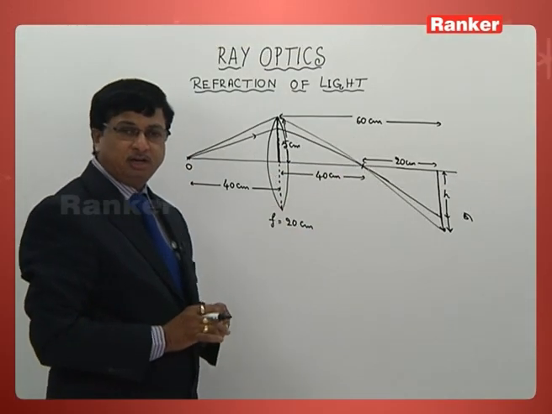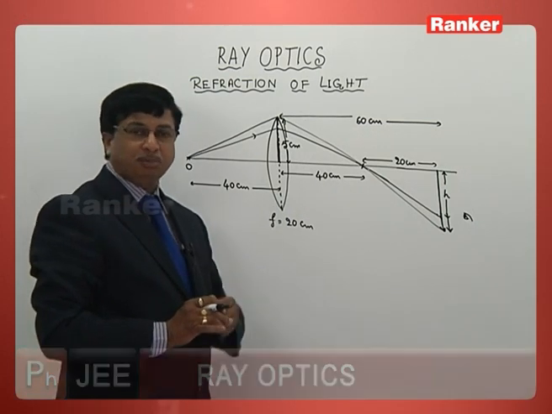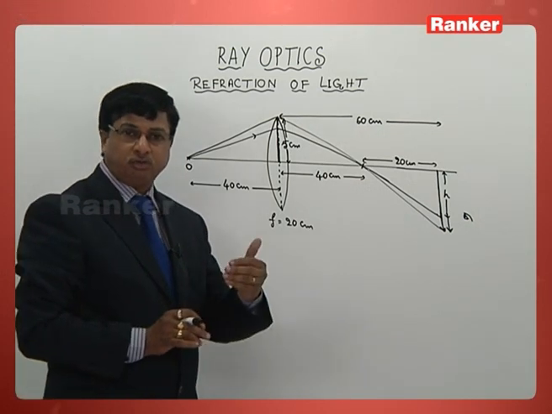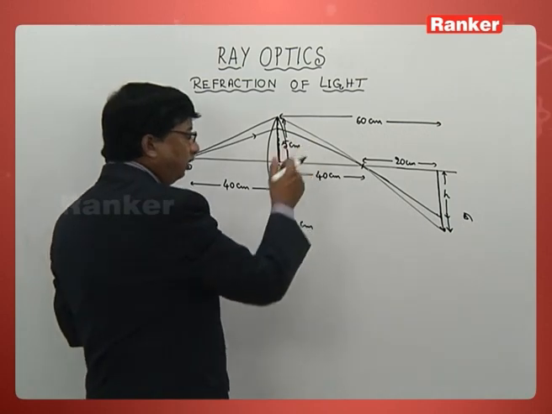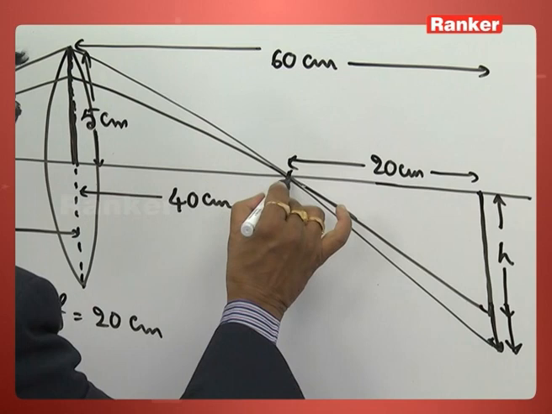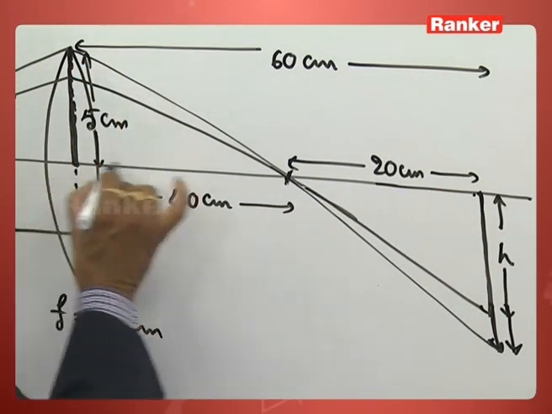Both the triangles are similar ones. When two triangles are similar, according to mathematics, the corresponding ratios of their sides can be equated. So what is it you are going to get? You check now. This side by this side is equal to this side by this side.